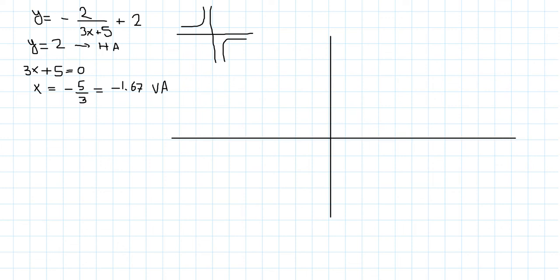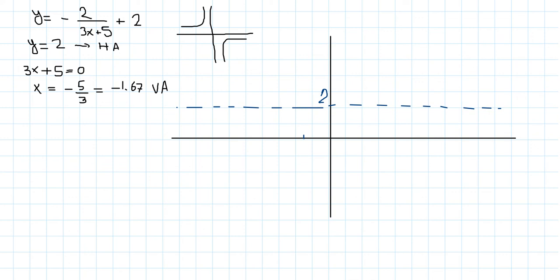Draw the new asymptotes, the new axes: y equals 2, suppose that here is 2, and x equals minus 1.67.